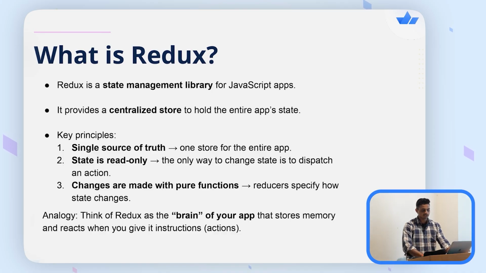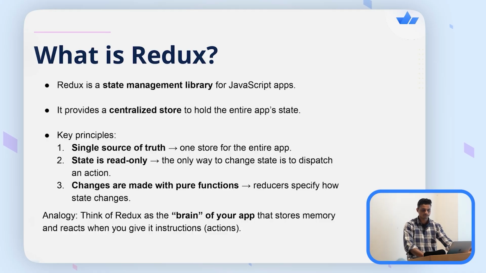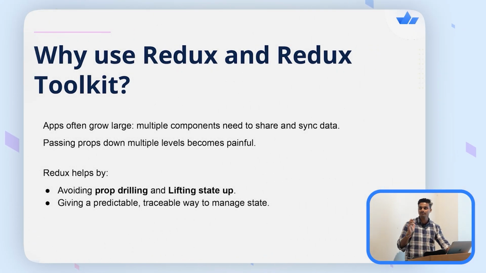The third one is that changes in the states are made using pure functions, and these pure functions in Redux are known as reducers. What is the basic analogy? You can think of Redux as the brain of your app that stores the memory and reacts when you give it instructions.